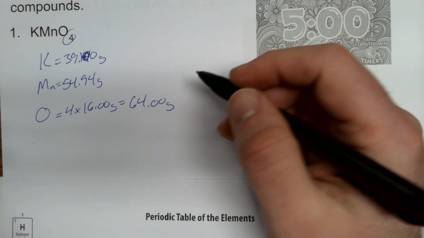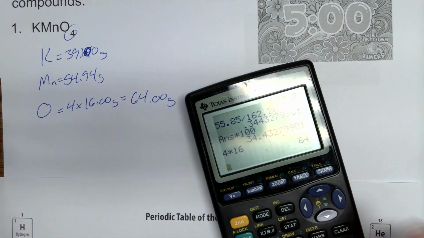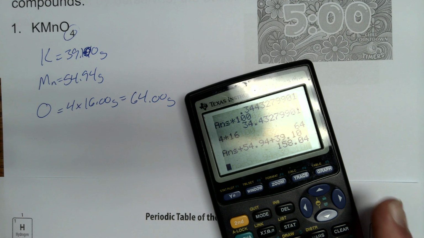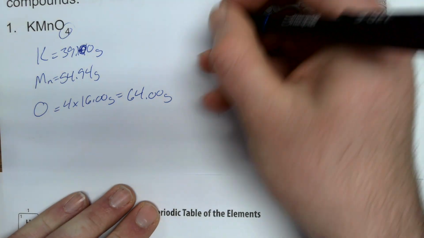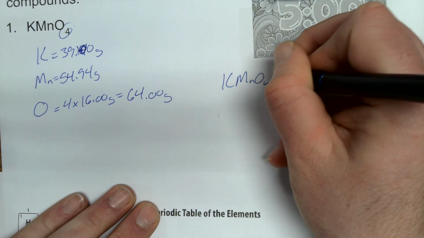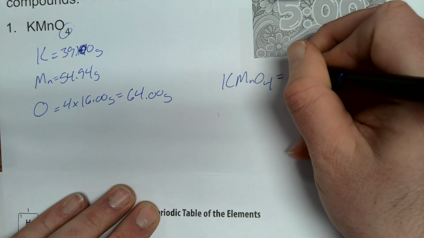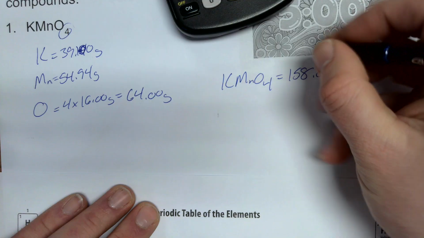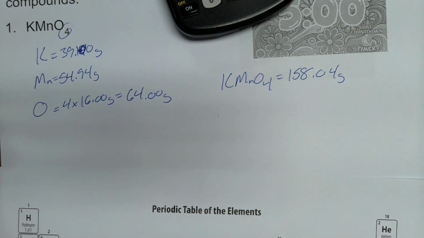So, I'm going to take all these numbers and add them up. 64.00 plus 54.94 plus 39.10. Molar mass of potassium manganate is 158.04 grams.